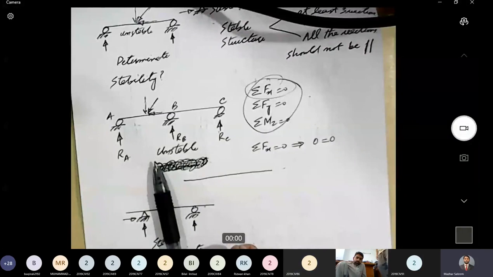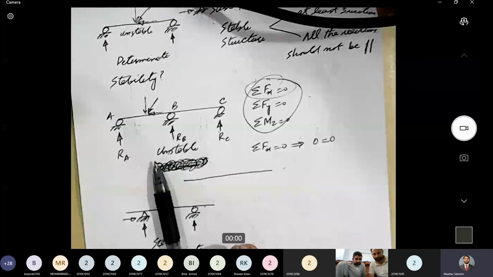So let's come back to our discussion. We have talked about the different supports and different types of beams. Now let's talk about different beam shapes. When we talk about shear force and bending moment, we will not be concerned about the shape of the cross section.